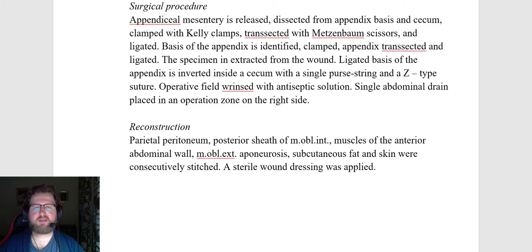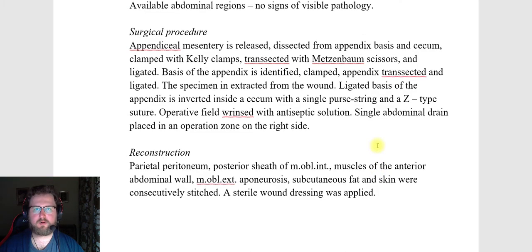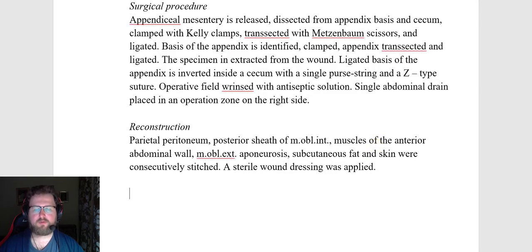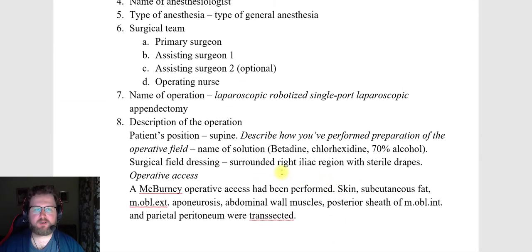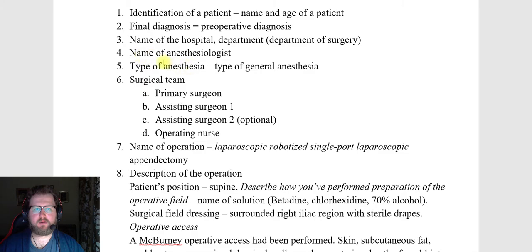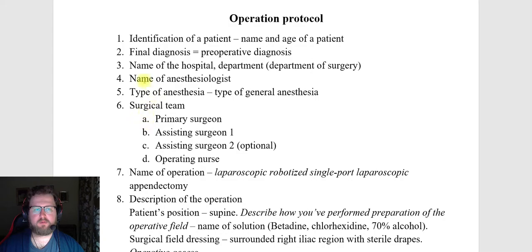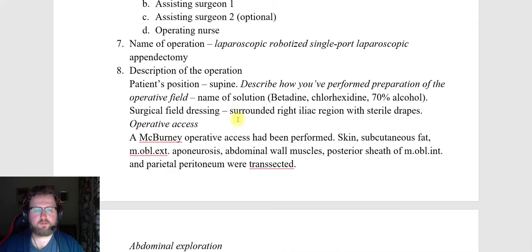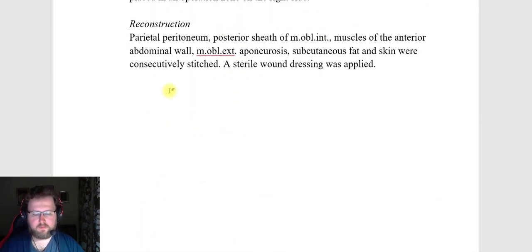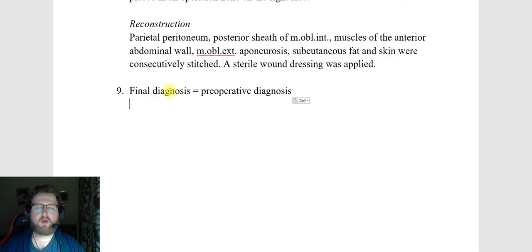So that's it for the description of an operation, and after you've written that, you do a finalizing part of operation description. Now pay attention that what was the final diagnosis, it remained final diagnosis.